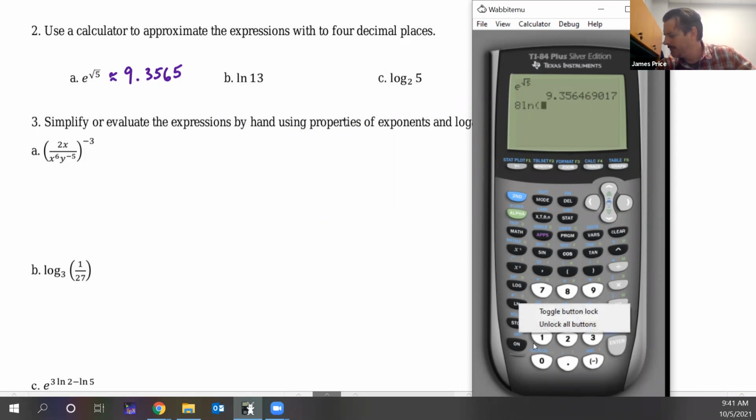So ln of 13. Hit the ln button, then 13, and then close the parentheses and enter. And it spits out 2.5649, and the 5th decimal place is a 4, so you just drop it off.